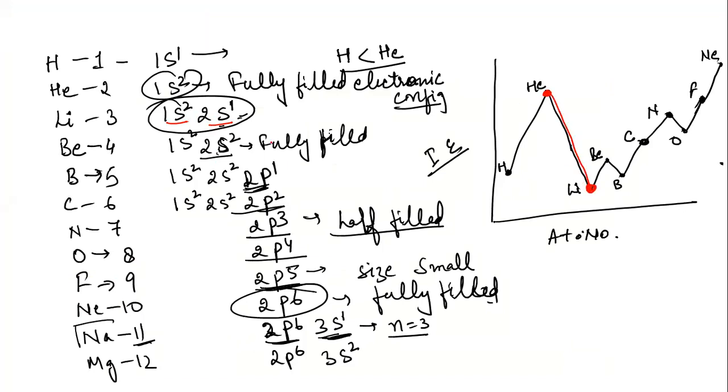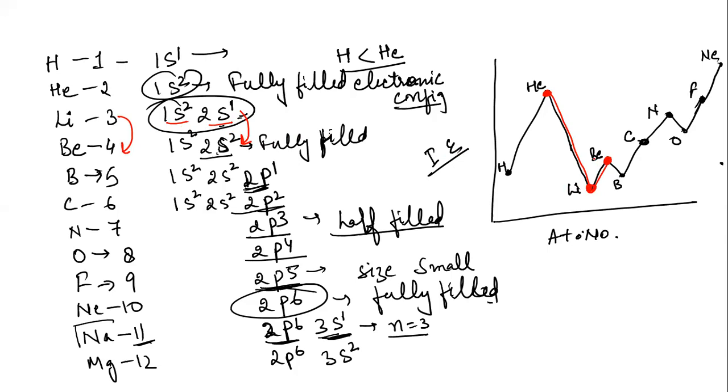Now, from 3 to 4, the electron is added in the same shell, same subshell. It is fully filled. If it is fully filled, then it will be difficult to remove an electron. Difficulty in removing an electron means ionization energy will increase.